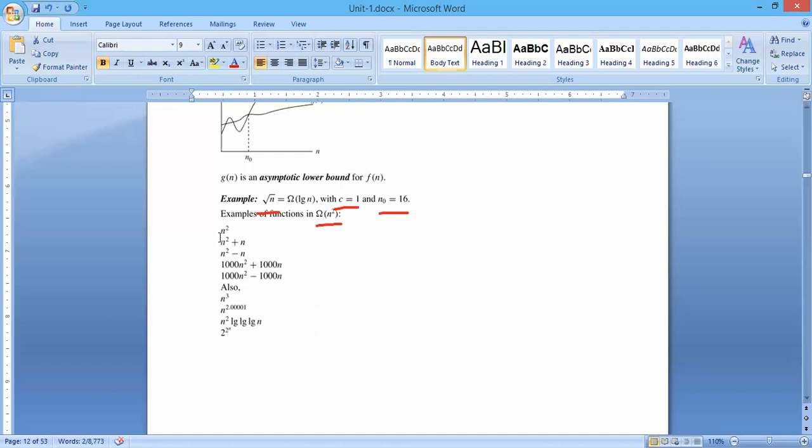Right? So n square we have. If we use n square plus n, another one is n square minus n. We have two examples. Maybe it's a positive value more than this or less than this.